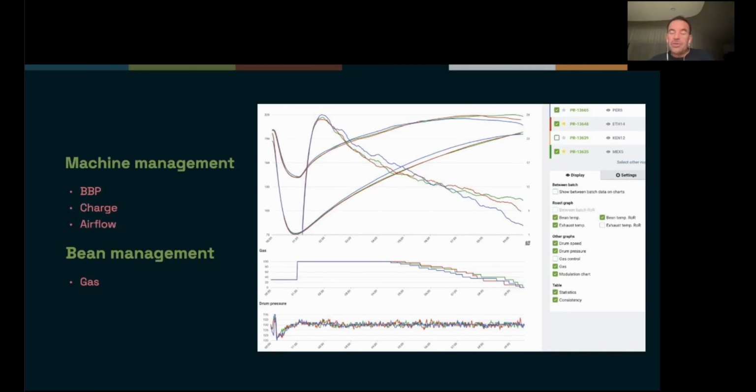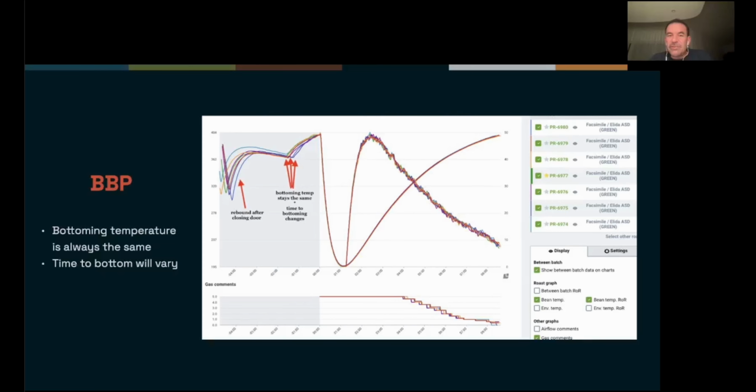The level you're using in the second half of your roasts, keep that airflow level during the BBP. If you are using 2 airflow levels during your roast batches, switch to the lower airflow setting right as you reach the bottoming temperature and after you turn on the gas.